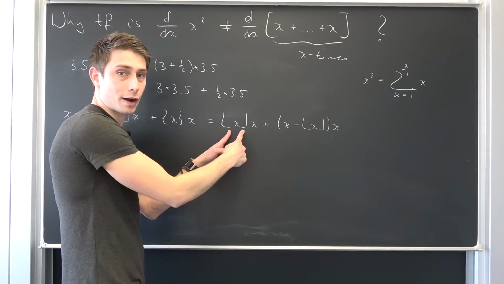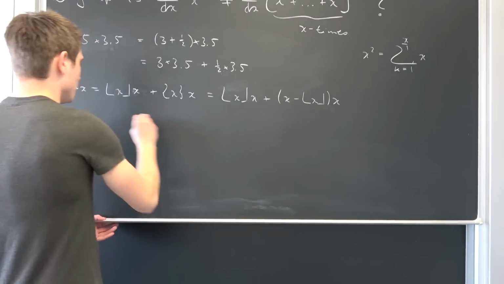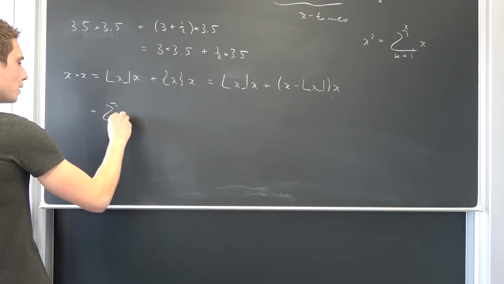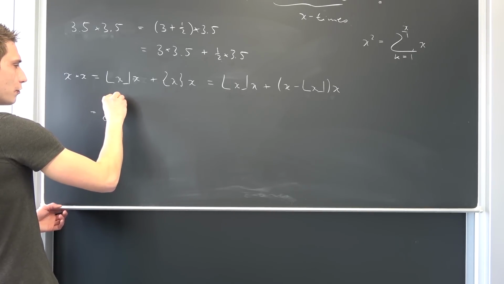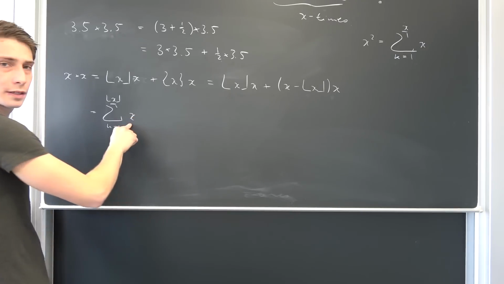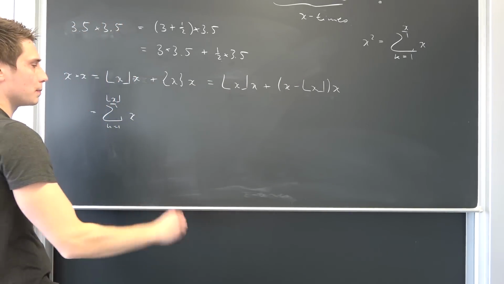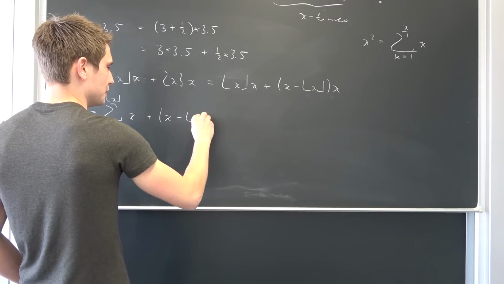So if we have this right here, this floor function is always element of natural numbers. So we can actually take a look at this right here as being nothing but the sum running from k equals 1 to the floor of x in this case, of x, okay? This is our sum notation just for this discrete part right here, plus the chunk that we had right here. x minus this chunk.